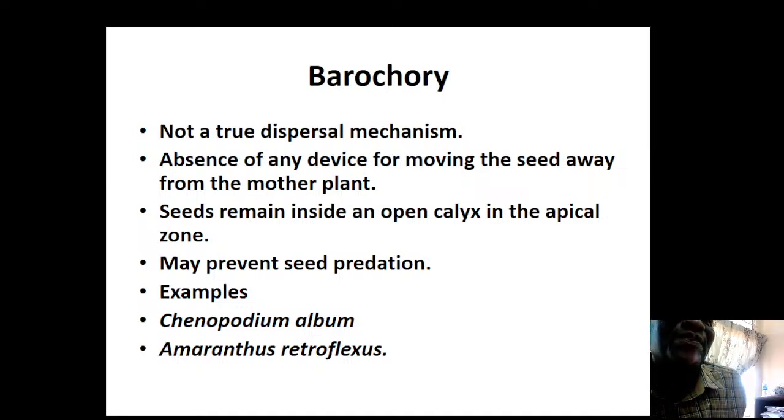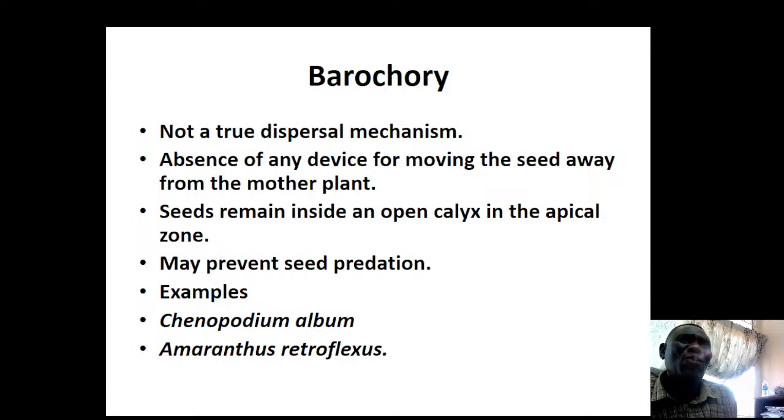What is known as barochory is not a true dispersal mechanism because of the absence of any device for moving the seed away from the mother plant. Seeds actually remain inside the plant.